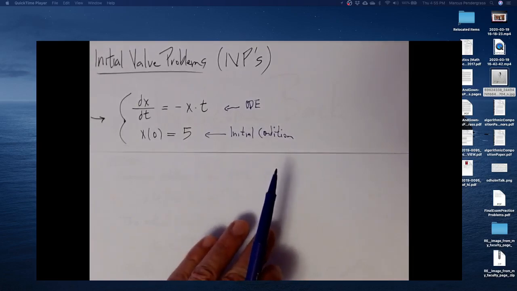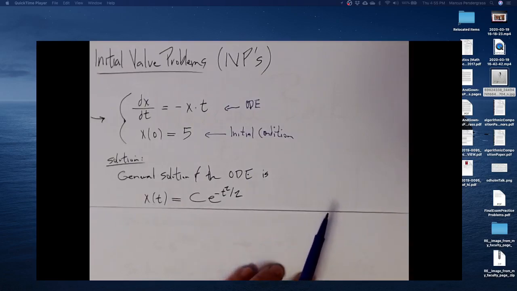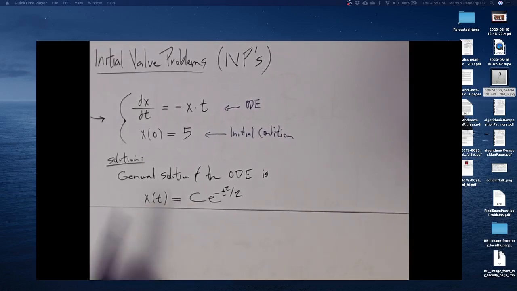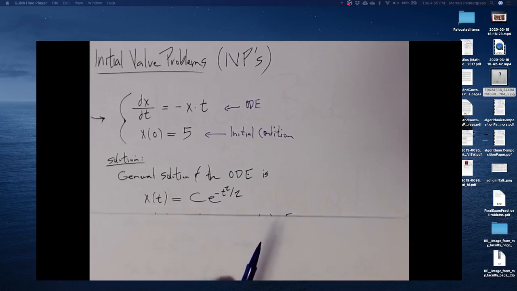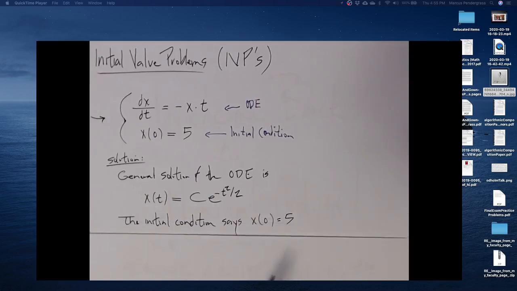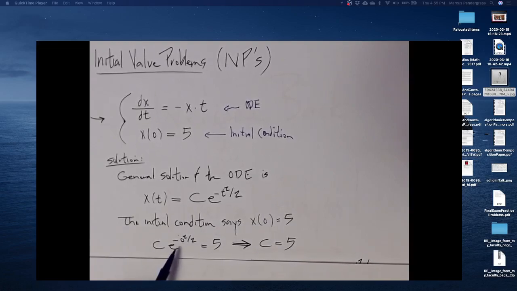If you have the solution for the ODE, the solution for the initial value problem is usually pretty readily available. We saw on the last slide that the solution to our ODE was constant times e to the minus t squared over 2. To work the initial condition in, just remember that when t equals 0, x is supposed to be 5. So if I plug in t equals 0 to this and set it equal to 5, you get c times e to the minus 0 squared over 2 equals 5.